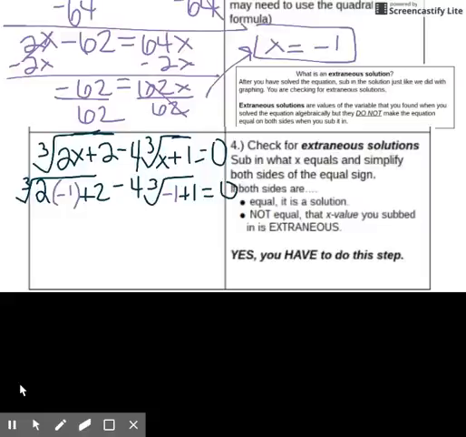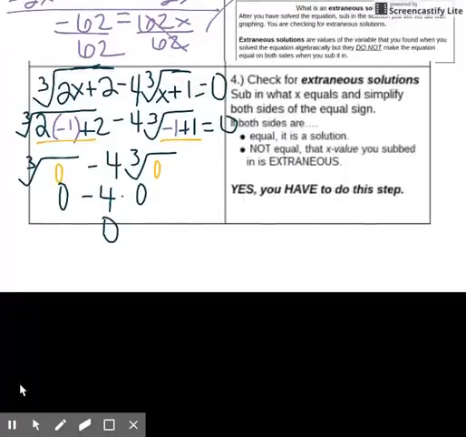Okay, so I'm going to do everything under the radical first for both of them. So I have the cubed root of 0 minus 4 times the cubed root of 0. So that gives me 0 minus 4 times 0. If you type that in your calculator, you're going to end up with 0.